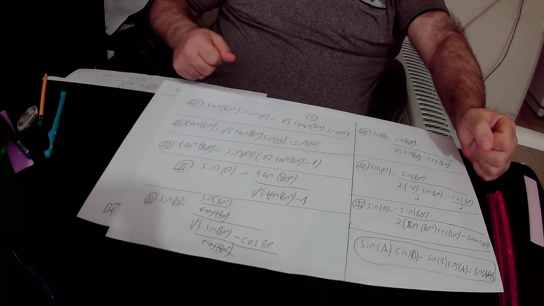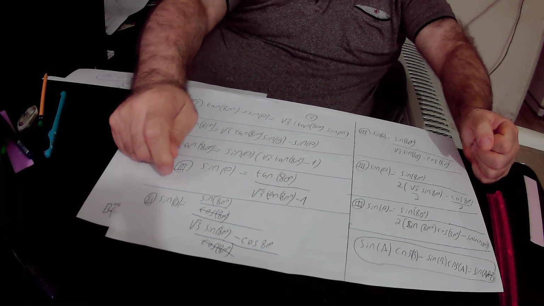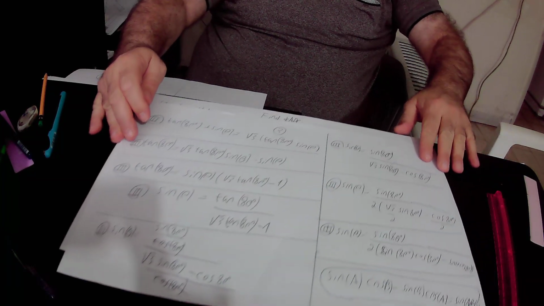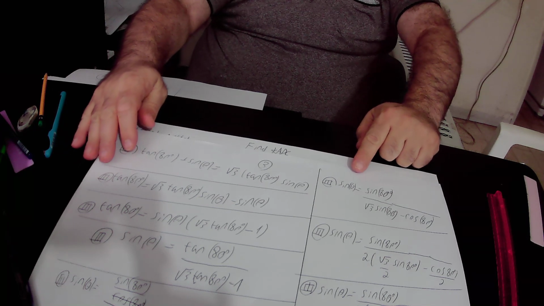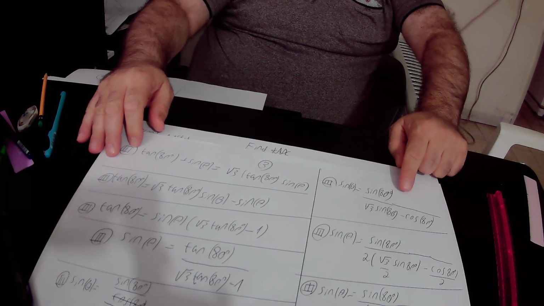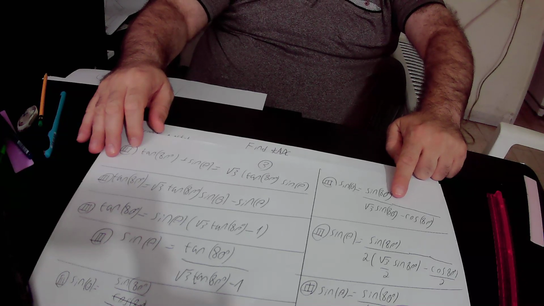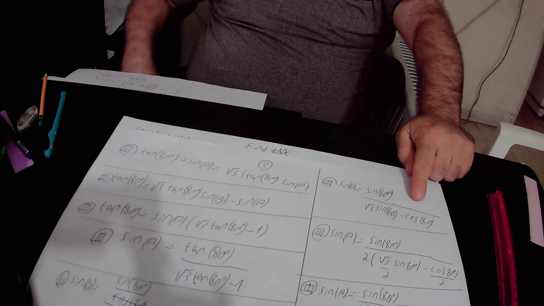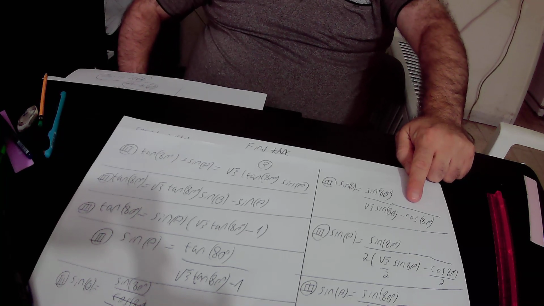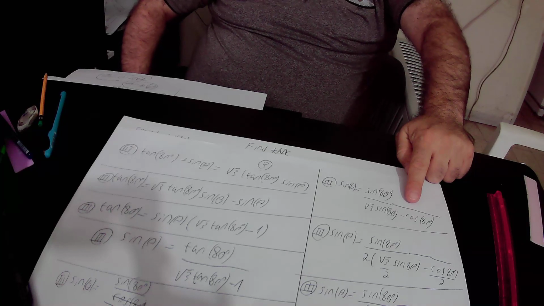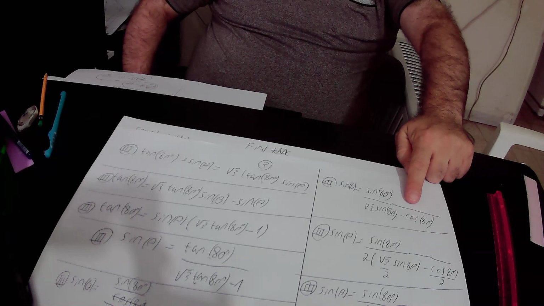And what is left from equation number 3 after we cancelled cosine 80 degrees? What is left is sine theta equals sine 80 degrees over square root of 3 times sine 80 degrees minus cosine 80 degrees. Here we multiplied the numerator and the denominator by 2.